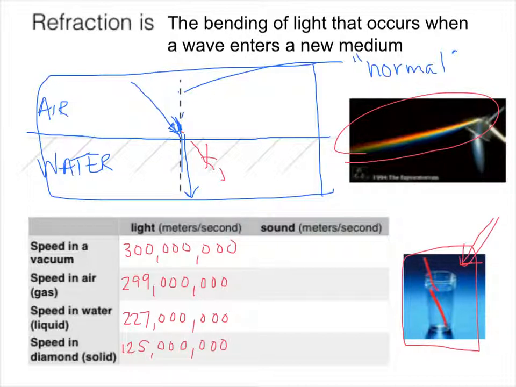Really, you don't need to know the actual speeds that light travels in the different mediums. What you want to pay attention to is the relative speeds. It is fastest if there is nothing to impede its flow, and it is slowest in solids. And so we decrease in speed as the density of the matter increases when it comes to light. Now, sound waves are mechanical waves.